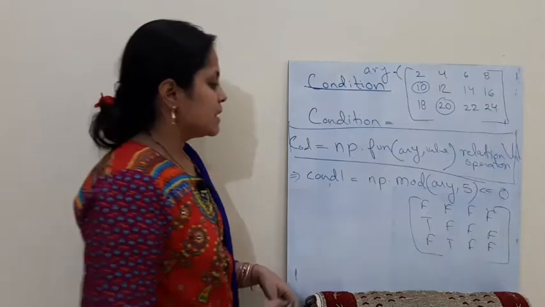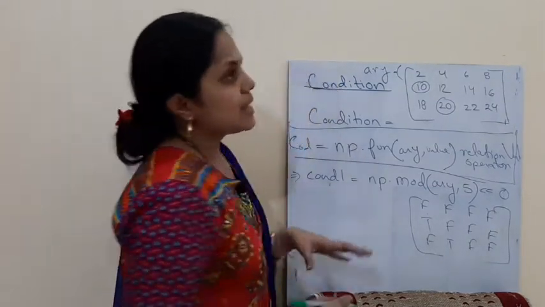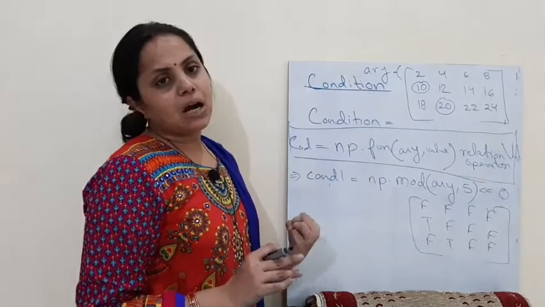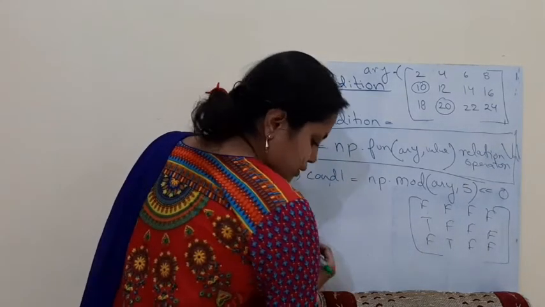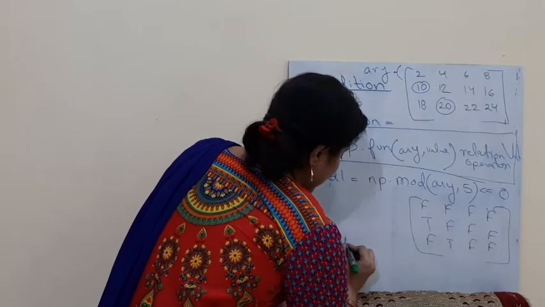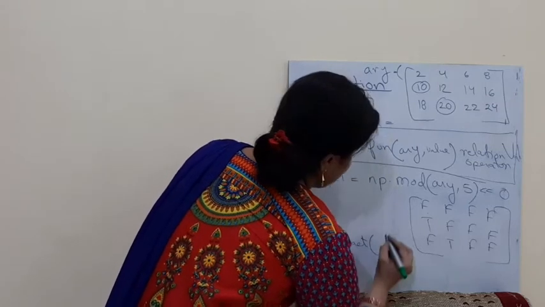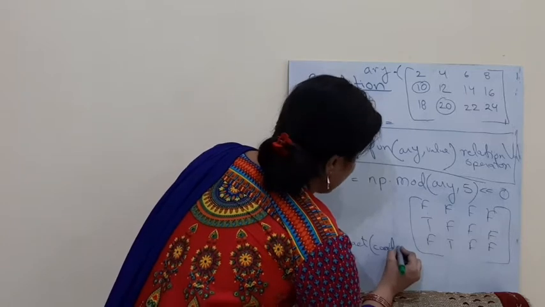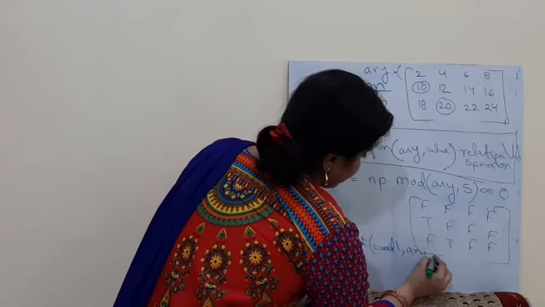After this statement, I am going to use a function known as extract. This extract function will extract data on the basis of a condition. I will write np.extract, then the condition which I want to use, that is cond1, and comma the array name, that is ARY.